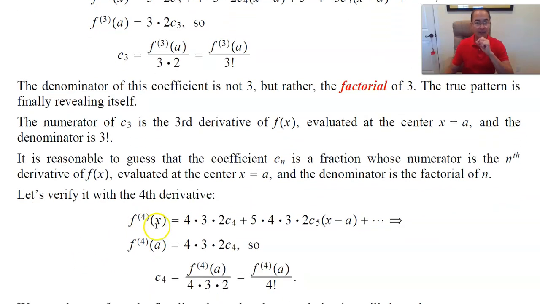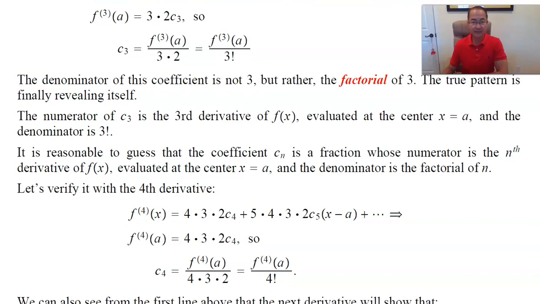And when we plug in a into the fourth derivative, all the higher powers become 0. And we are left with 4 factorial times c4. Now remember, the factorial ends with a times 1, but of course that doesn't affect the value. Therefore, c sub 4 is the fourth derivative at a divided by 4 factorial.